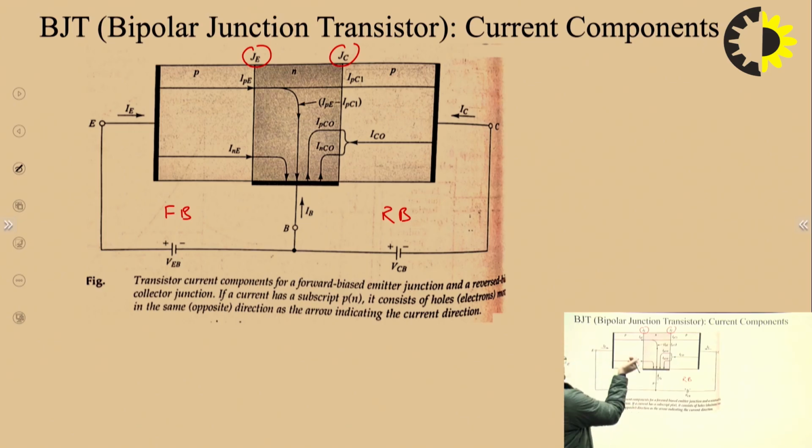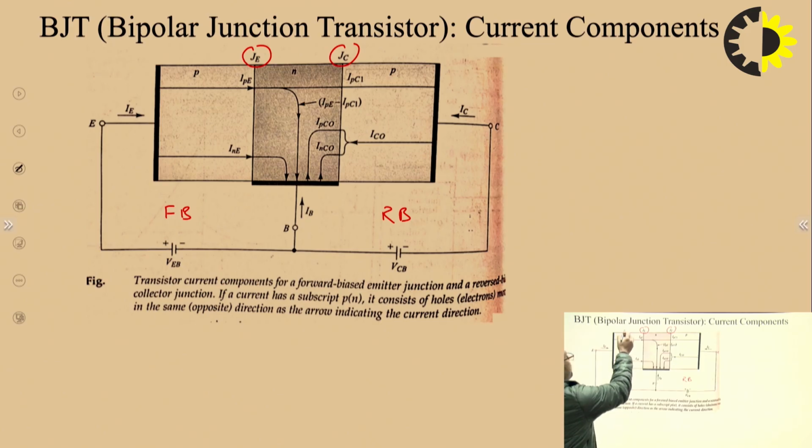The current flows due to both charge carriers, that is minority carriers and majority carriers. That's why we call this a bipolar junction transistor, bipolar, because current is due to the majority and minority carriers.